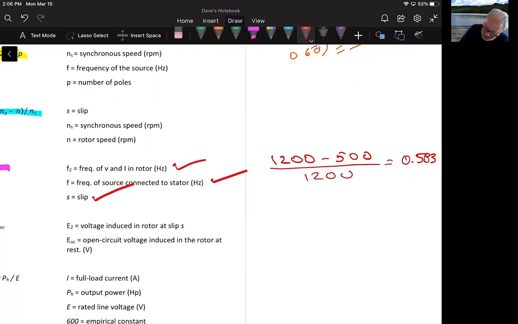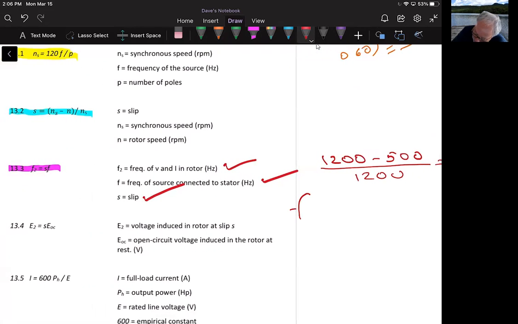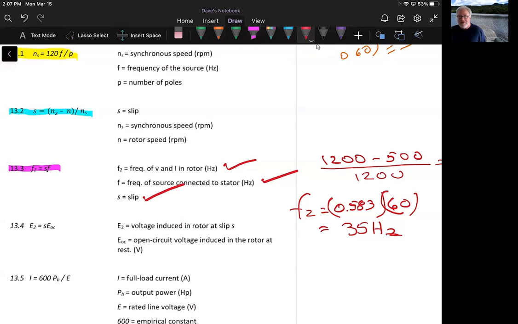But then I could take that value for slip and plug it into this equation to calculate what the frequency of the voltage and the current would be. So if the slip was 0.583 and the frequency is 60, then I could determine that the frequency in the rotor for the voltage and current would be 35 hertz.